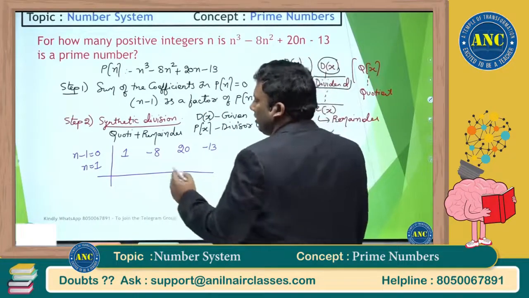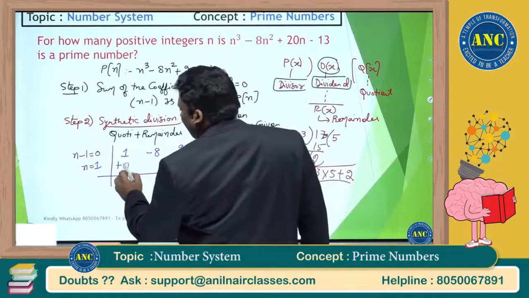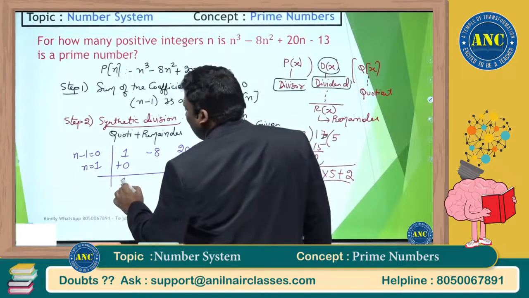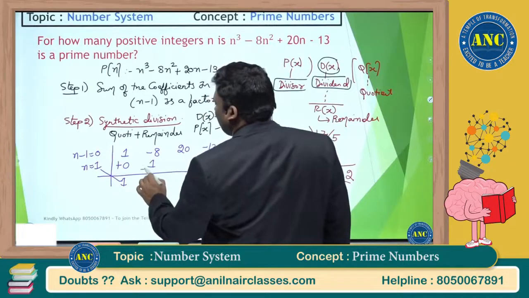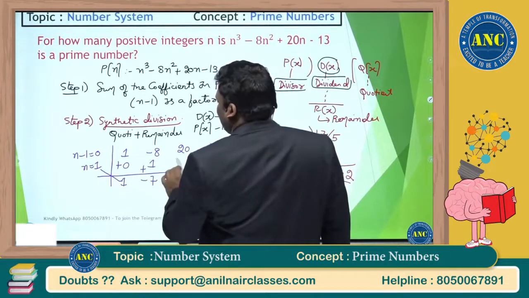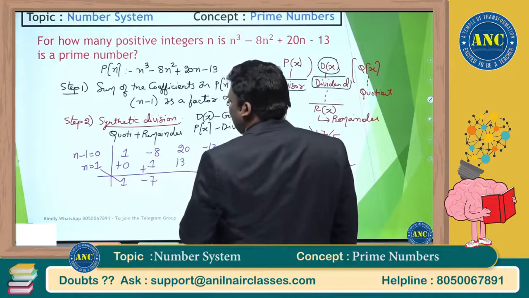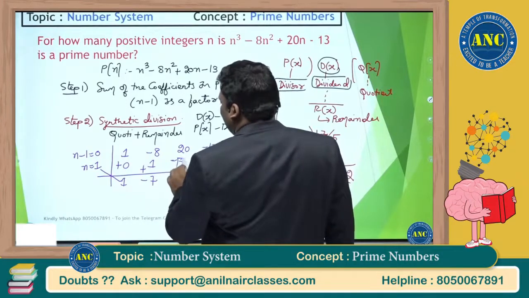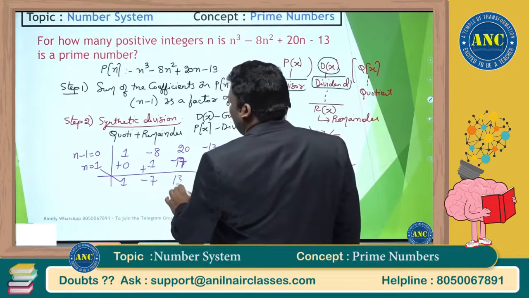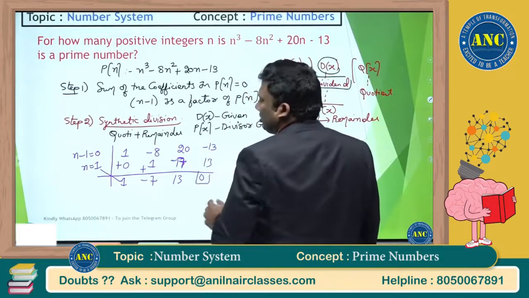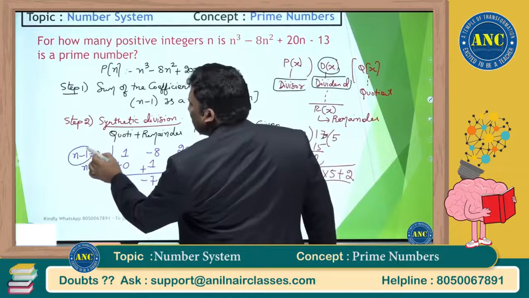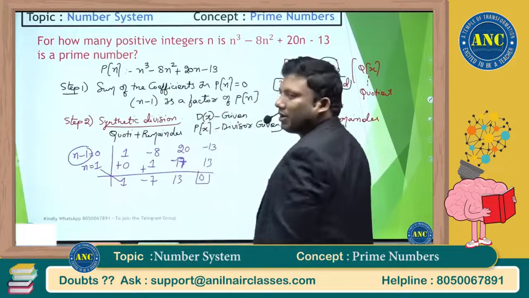First start with the value 0. Add it, 1 plus 0 is 1, multiply this, 1 ones are 1, minus 8 plus 1 is minus 7, minus 7 ones are minus 7, 20 minus 7 is 13, 13 ones are 13, 13 minus 13 cancel. Remainder is 0. That means n minus 1 is a factor of this number.